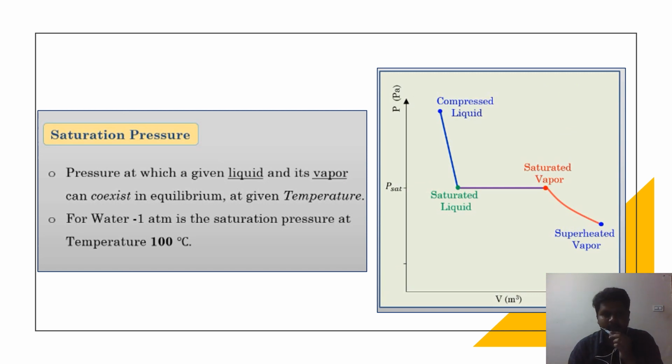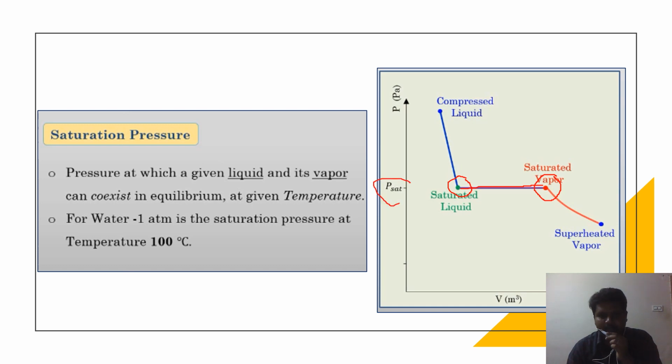Now let us discuss saturation pressure. Saturation pressure is the pressure at which a given liquid and its vapor can coexist in equilibrium at a given temperature. You can see on the PV diagram here, the green dot is saturated liquid and the red dot is saturated vapor state, and this horizontal line is where phase change takes place at constant temperature.